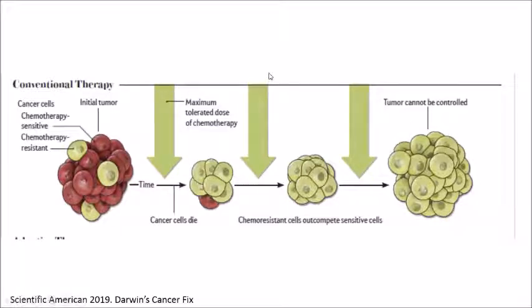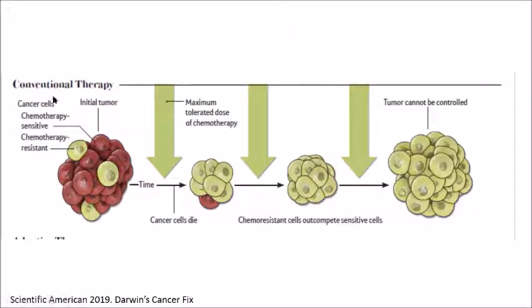And so what's happening is a natural selection scenario whereby you have an initial tumor. Here's another figure. You have an initial tumor on the left of this figure, whereby there are some cells that are chemotherapy sensitive, meaning that chemotherapy would kill them. And then there are some that are chemotherapy resistant, meaning that the chemotherapy would not kill them. And remember that this would be very drug specific because every drug has different modes of action.